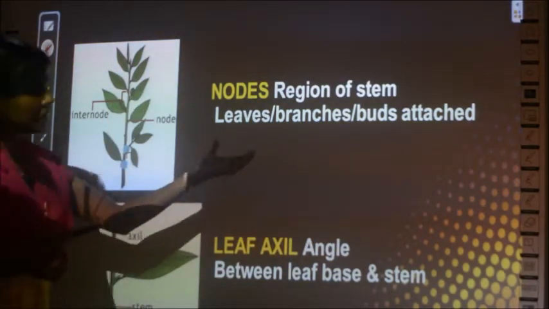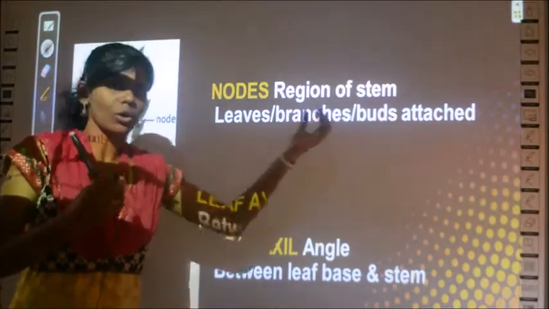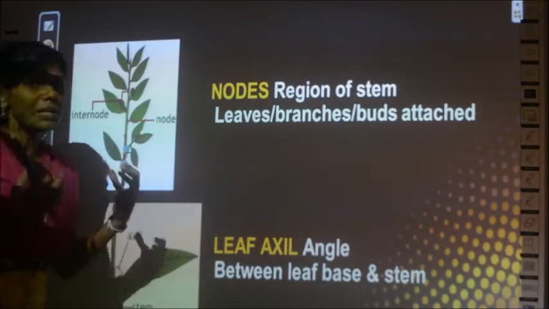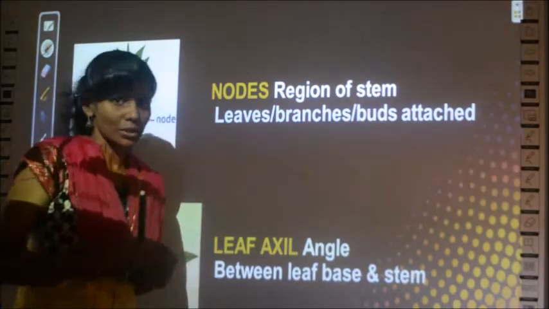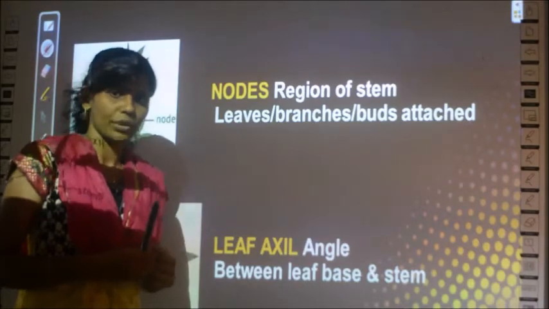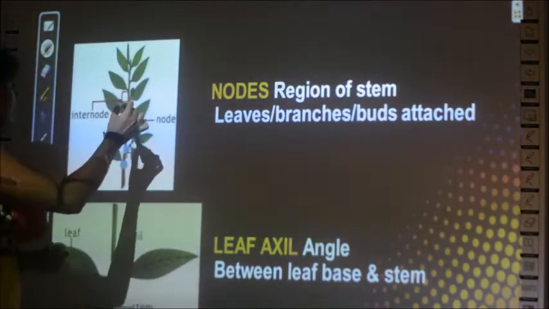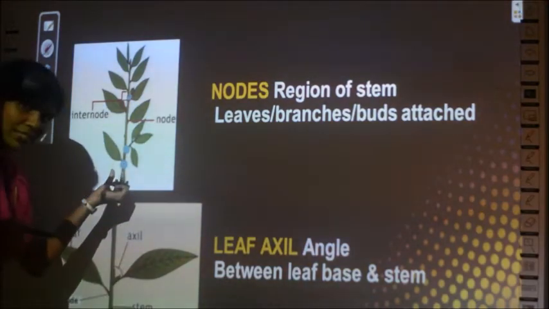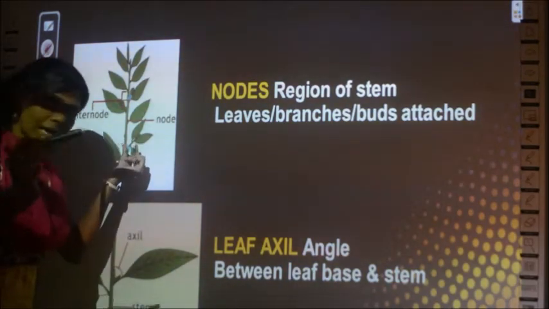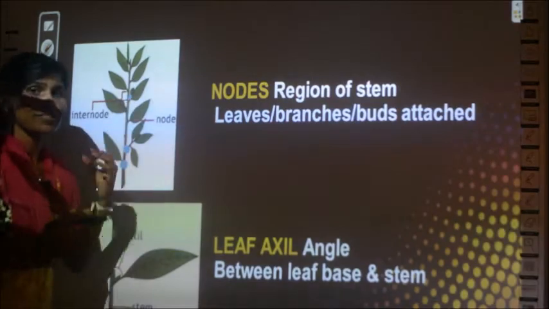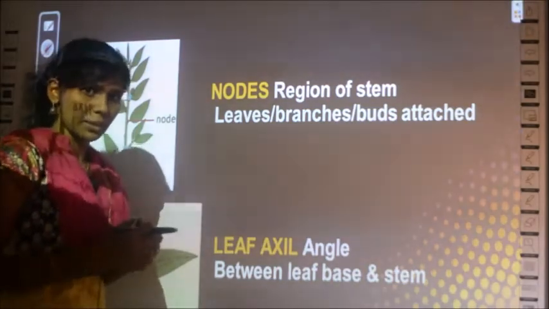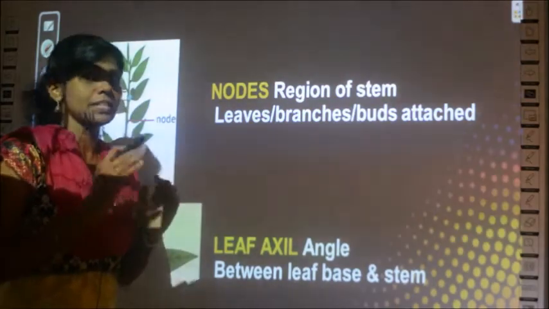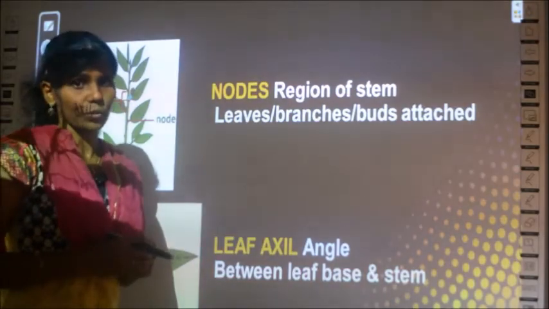And again there are some buds also. In this picture you don't see, but sometimes buds are also attached to the stem. So if a leaf is attached to a stem, or a branch is attached to a stem, or if some buds are attached to the stem, that portion of the stem is called a node.